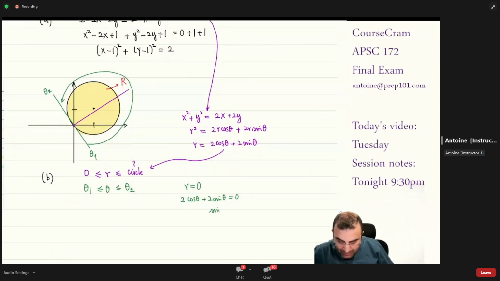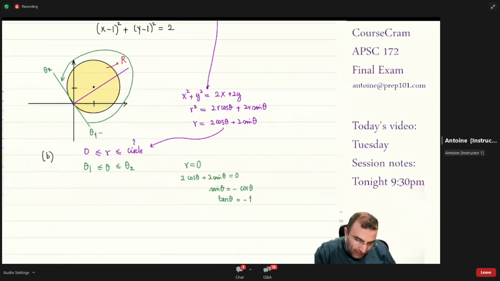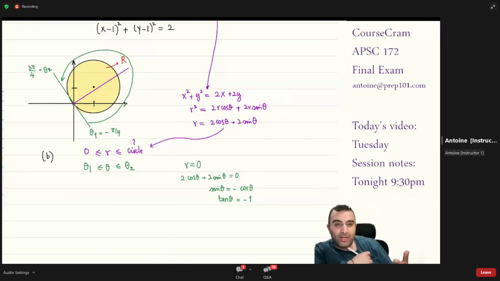That's when sine theta is equal to minus cosine theta. So that means when tangent theta is minus 1. So we know that this is now minus pi over 4, and this is 3 pi over 4. Tangent is 1 at pi over 4 or pi over 4 plus pi. So that's how I get the bounds for theta.